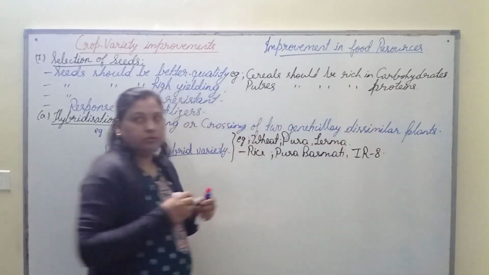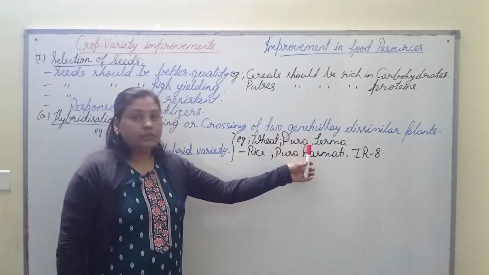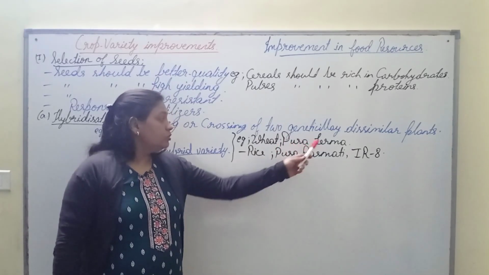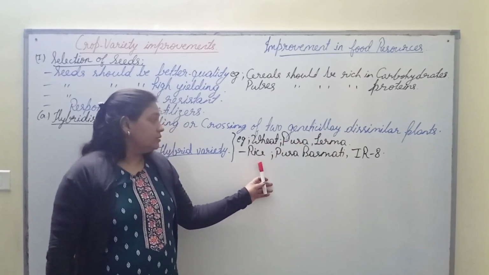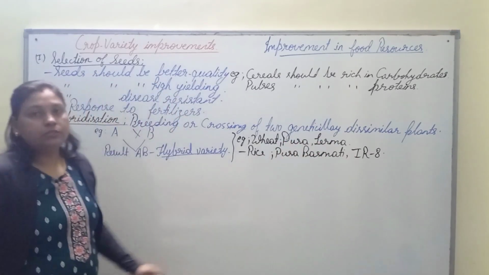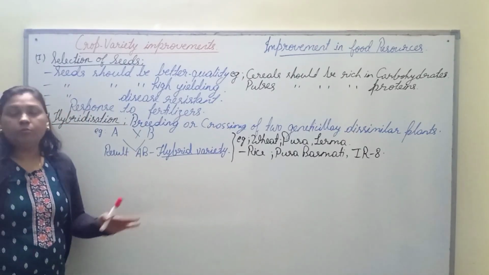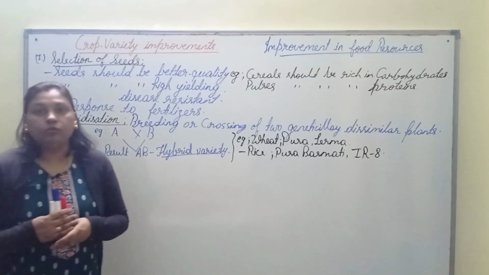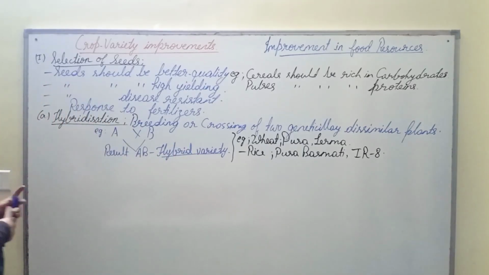So here are a few examples: of wheat, Pusa and Lerma, which are hybrid forms, and in rice, Pusa Basmati and IR8 are a few examples of the hybrid varieties that are formed after the improvement of the crops.